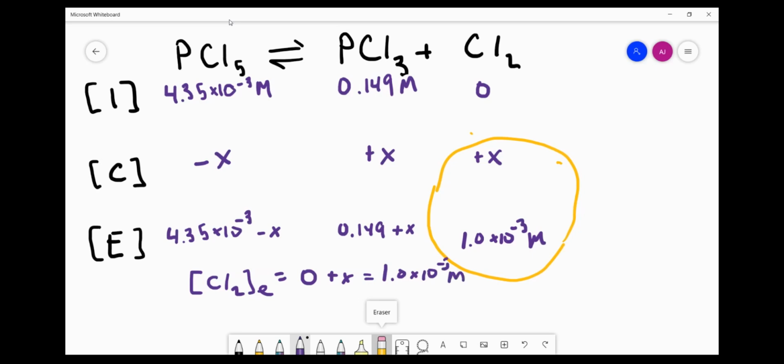And so we see that that gives me my value of X. Now that I know my value of X, I can solve for my other equilibrium concentrations. So take a moment now and substitute our known value of X into the other two equations for equilibrium and find out the equilibrium concentration of PCl5 and PCl3.